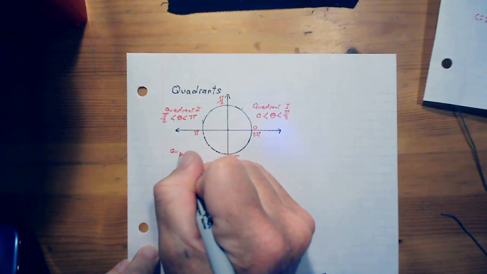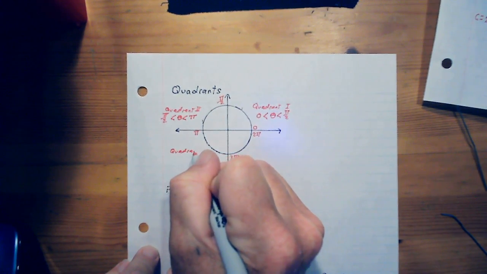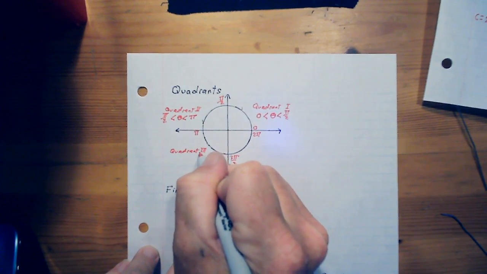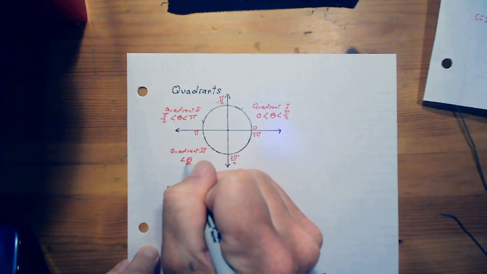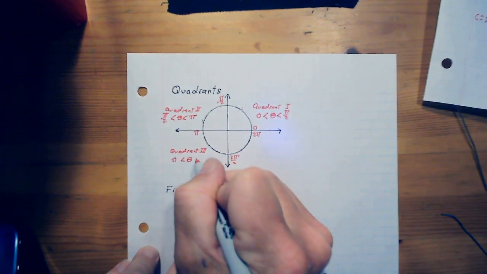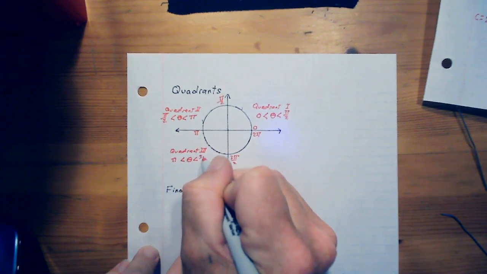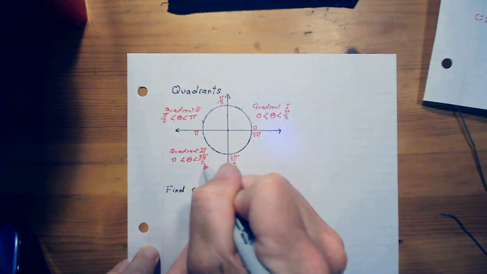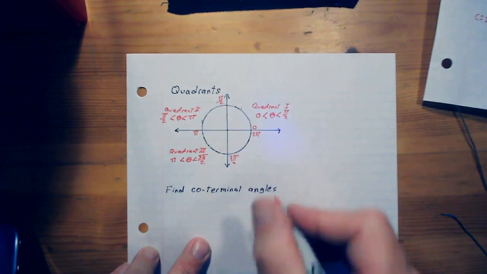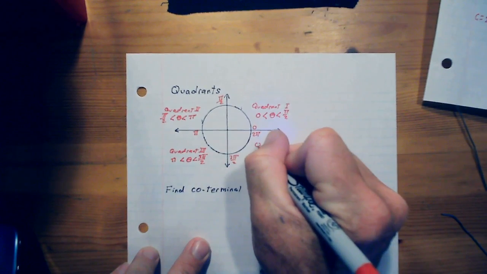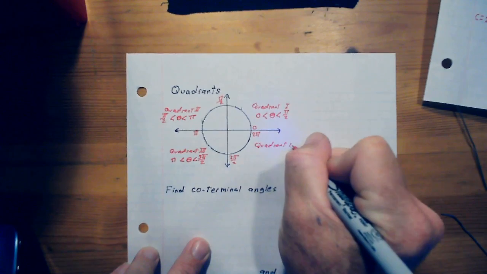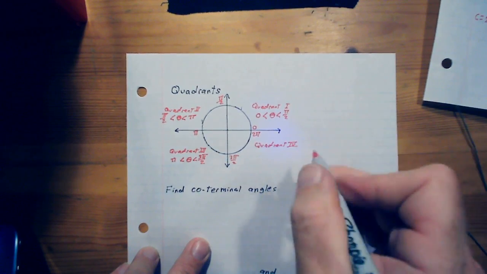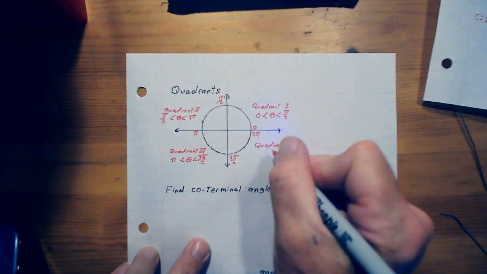Here's quadrant 3 as we go around. And in quadrant 3, all my angle thetas are greater than pi, but less than 3 pi over 2. And finally, in quadrant 4, I get to use Roman numerals.